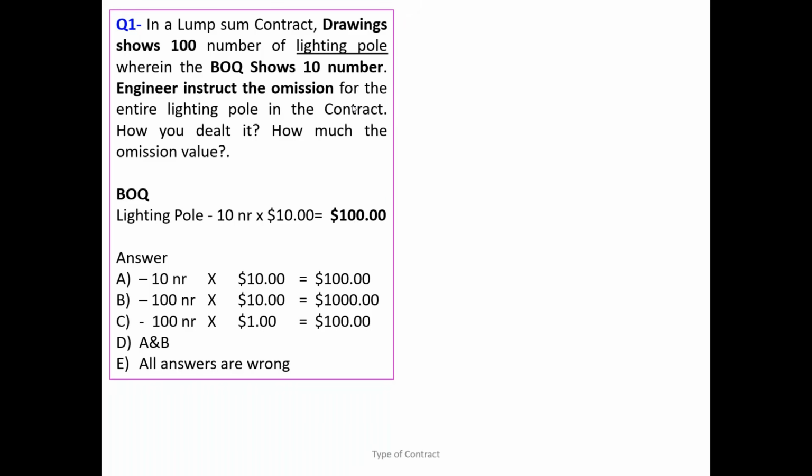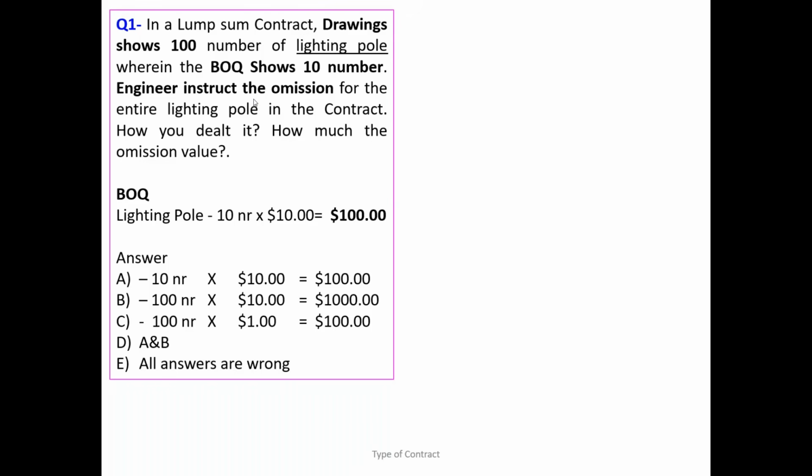So what is the high priority when it comes to the scope of work? The scope of work is defined by BOQ or drawings and specification, which is the right answer? Drawing and specification, not the BOQ. BOQ is just a baby, okay?